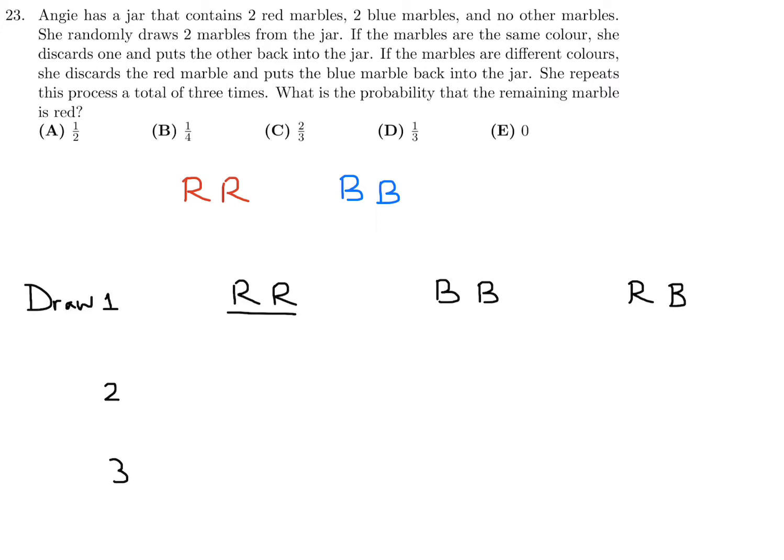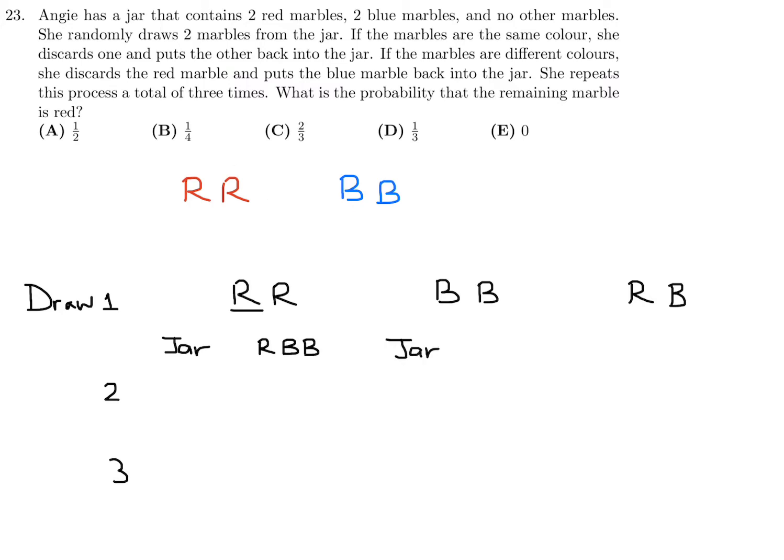Now, if this is the outcome, according to the question, because they're the same color, she will discard 1 and put 1 back into the jar. So 1 she will throw away, and then she'll put the other one back into the jar. So the jar will then become RBB, right? Because initially, when you took these out, you just had 2 B's left, and now you're putting 1 red back.